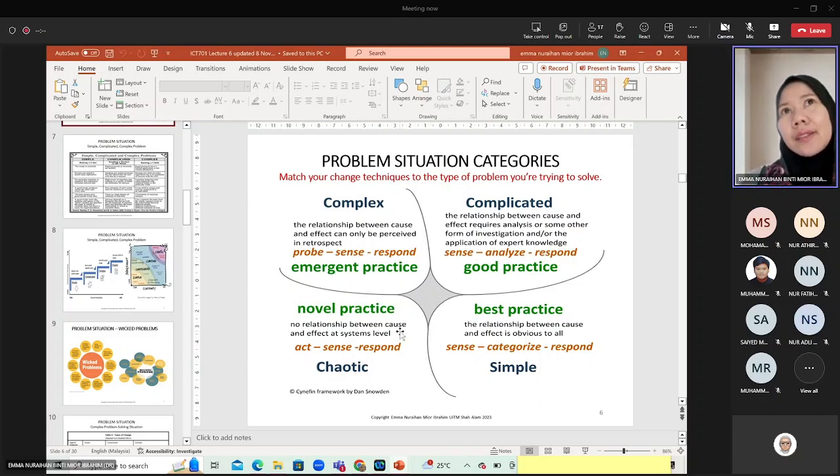Chaotic is like contohnya macam pandemic ya. Pandemic is like a chaotic situation. So you act, sense and respond. Sebab tu bila sense tu ya diguna My Sejahtera because dia nak tahu how sporadic it is in terms of the spreadness of COVID-19. Sebab dia tak tahu, sebab COVID masa tu is a new thing for us, and then everybody like kelam kabut, researchers also looking into virus and all these kind of complex things.